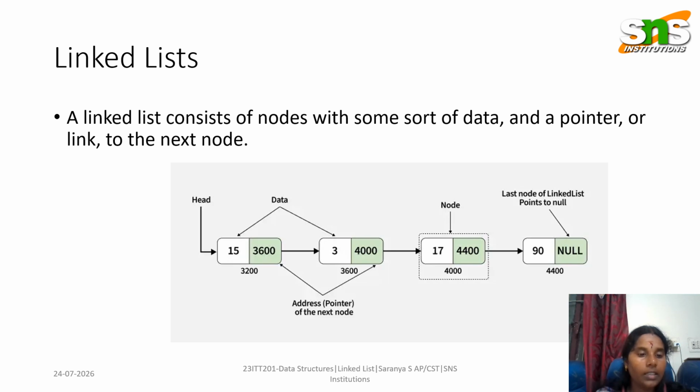Here, the linked list is a type of linear data structure, and the individual items are called nodes, connected with each other using links. A node contains two things: the first is data, and the second is a link that connects it with another node.